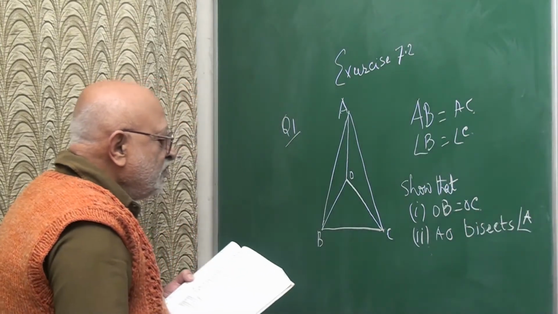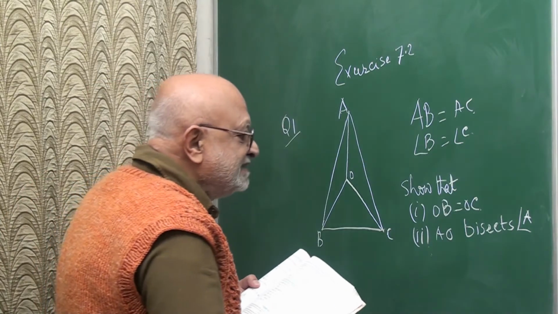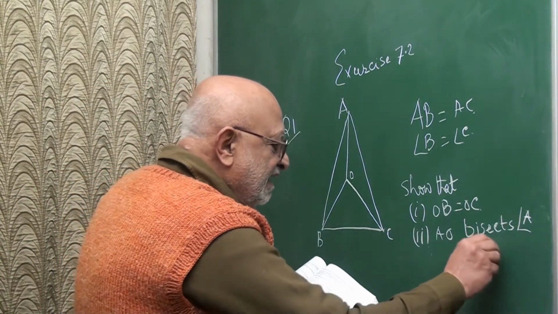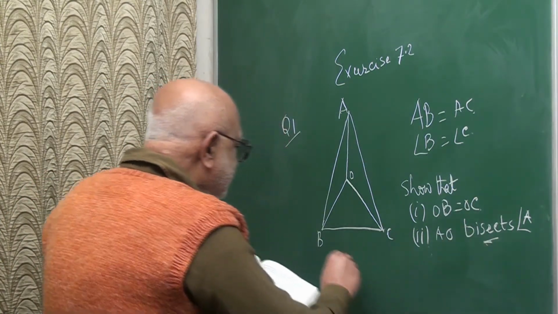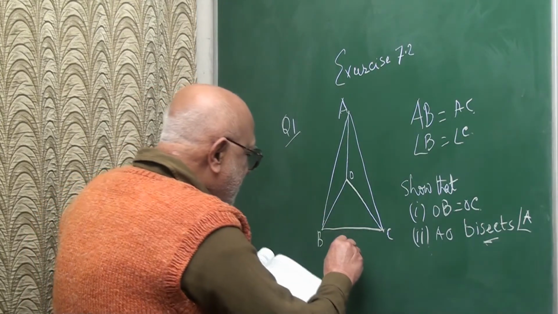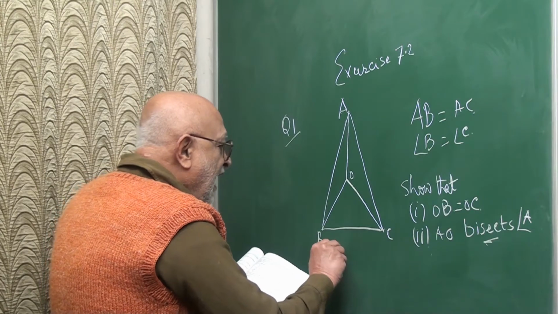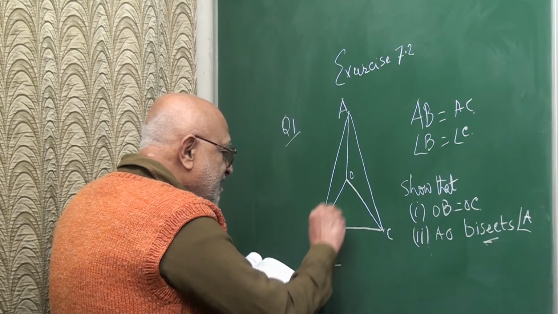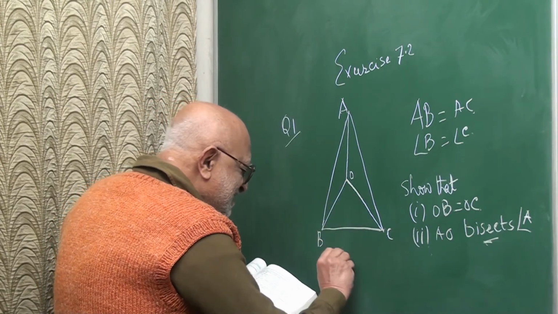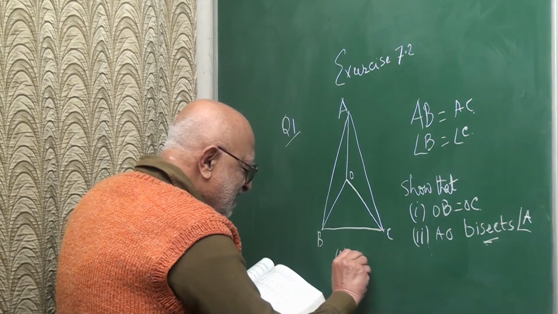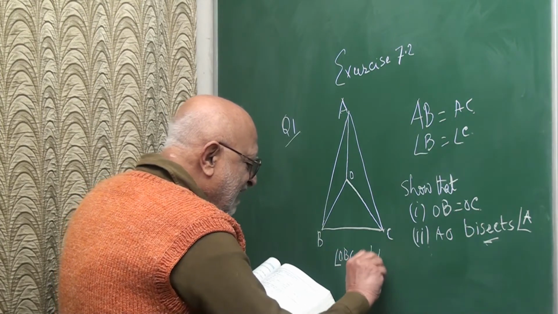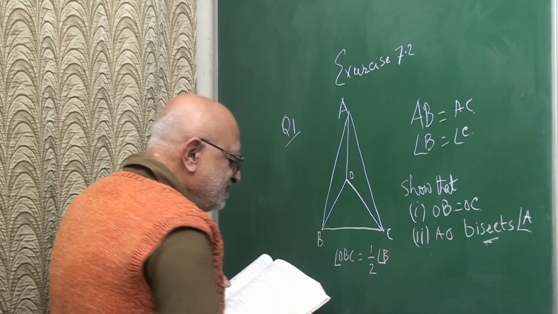Since these are said to be bisectors, that means angle OBC is equal to half of angle B, right?